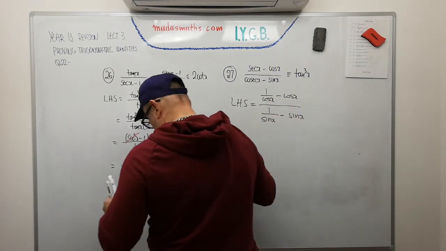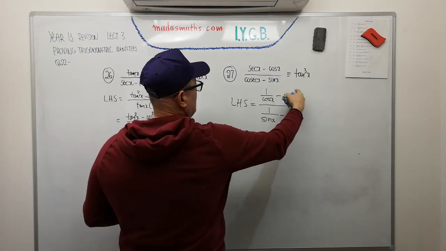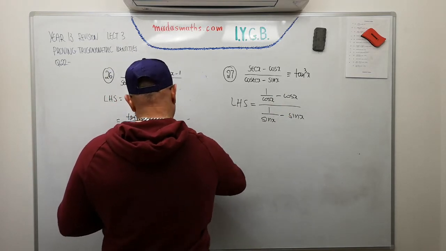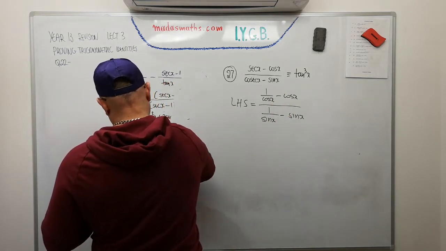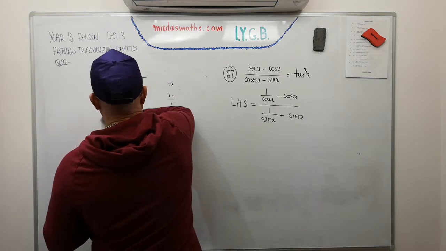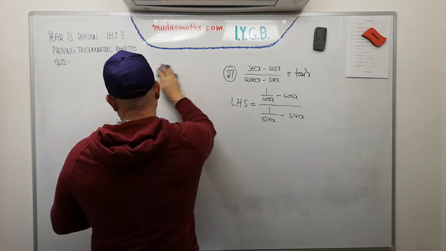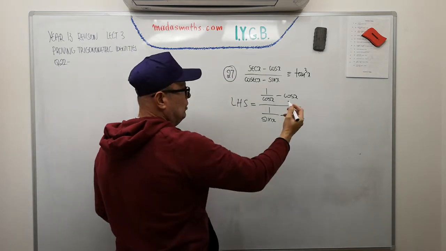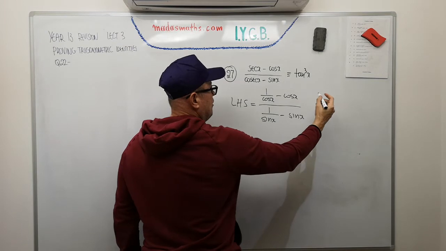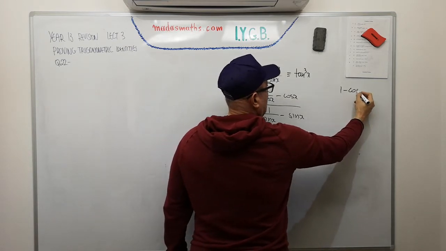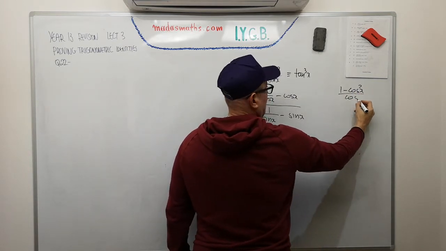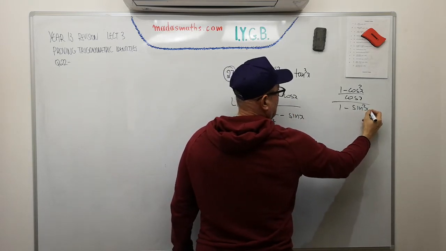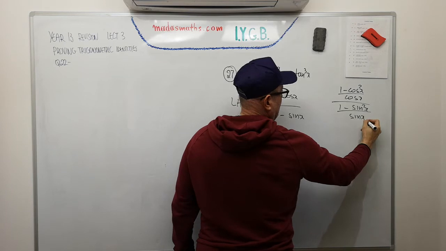We have a double fraction. We can put these two things together, and go for a long ride, and eventually and hopefully get to our answer. But I'm going to do this a little bit more advanced. First of all, if you do it the long, hard way, I'm just putting some very fast workings there. 1 minus cos squared x over the cos of x, that's the numerator, over 1 minus sine squared x over sine of x.